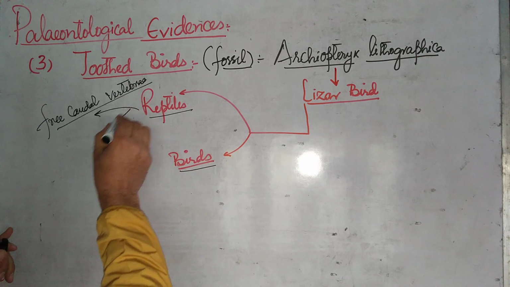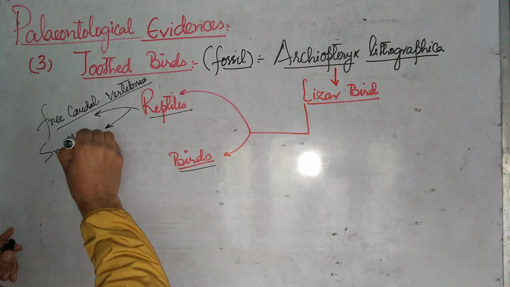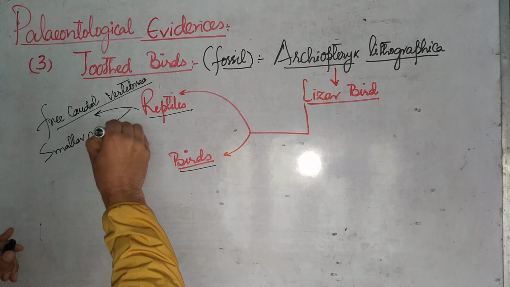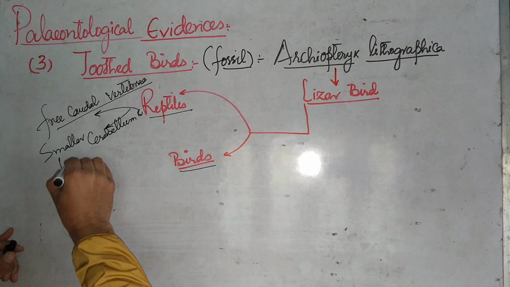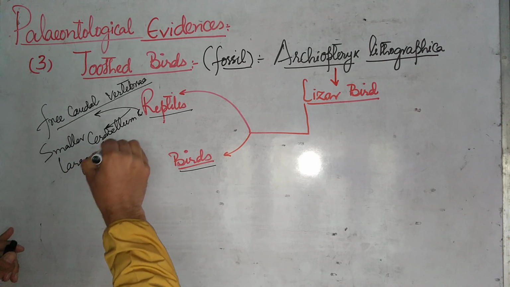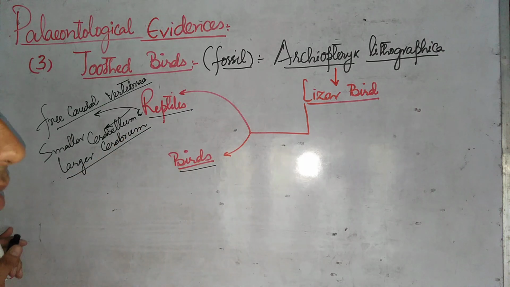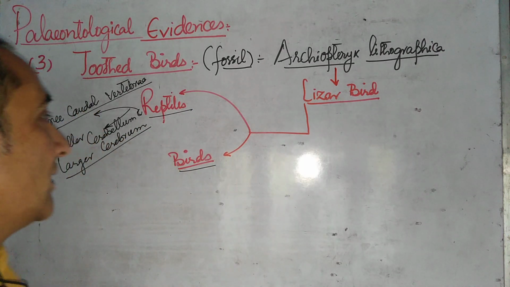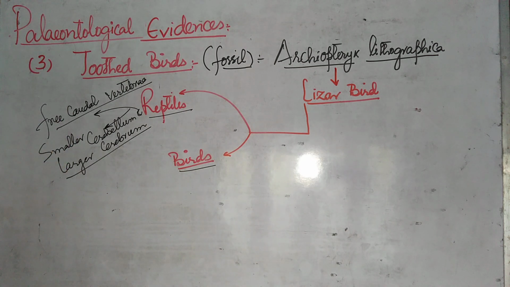Furthermore, they had a smaller cerebellum and a larger cerebrum. This is also a character of these reptiles. Sorry, they had a quite smaller cerebellum, whereas they had the larger cerebrum.